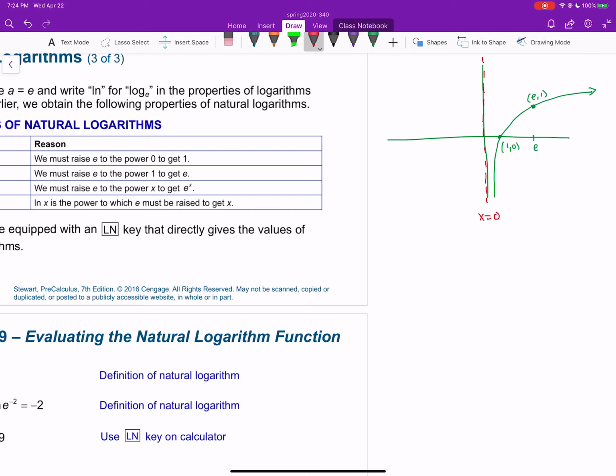X equal to 0. This was f of x is equal to ln x.